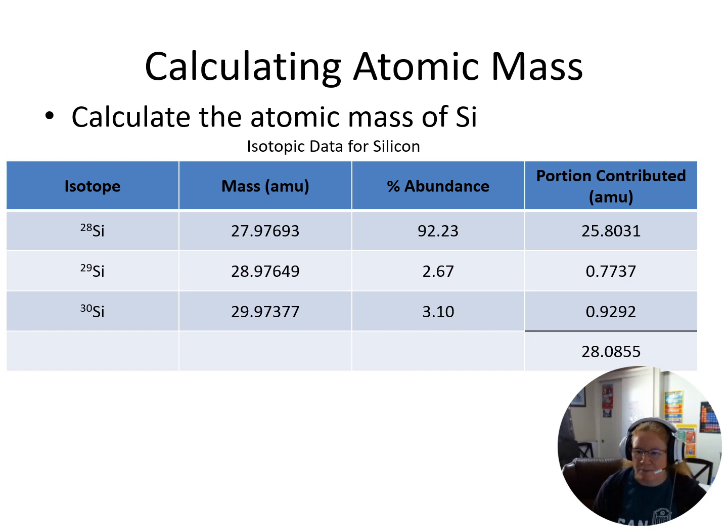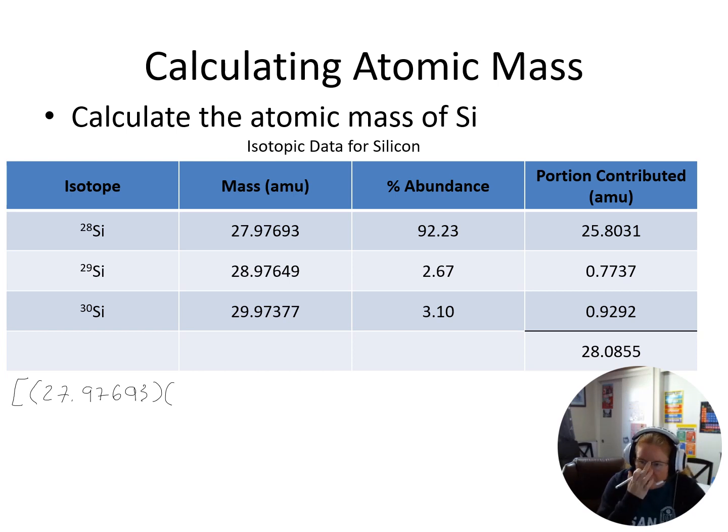I have a mass, a percent abundance, and then I have this portion contributed. So basically what we're doing is we take the mass, multiply it by the decimal form of the percent abundance, and we get the portion contributed. When I get each of the portions contributed, I can add them all together, or I can just set it up in one step. So for my silicon 28, I have 27.97693.